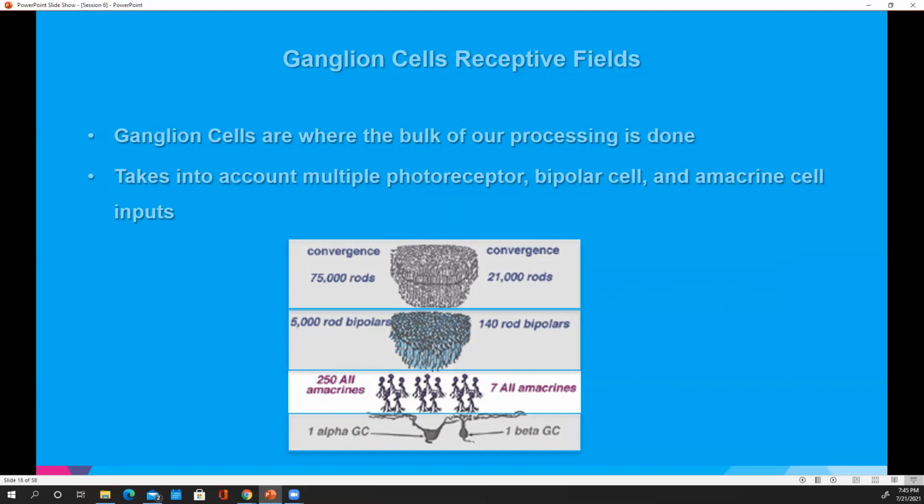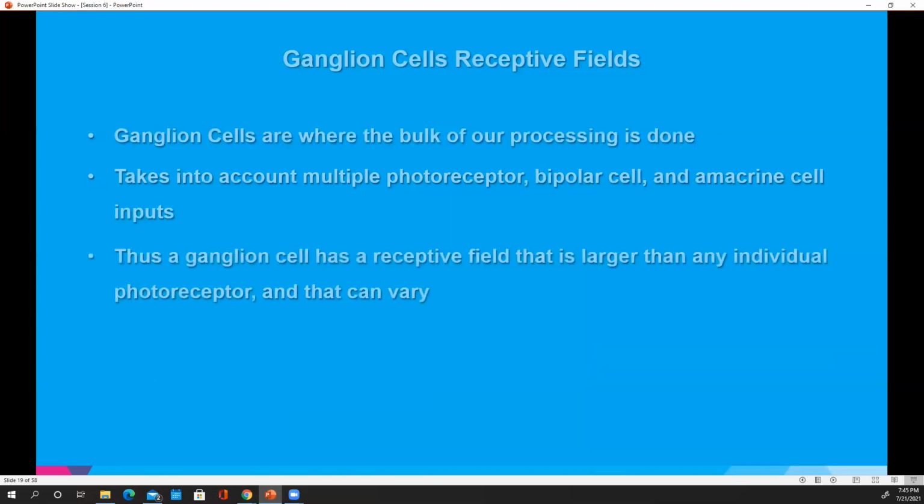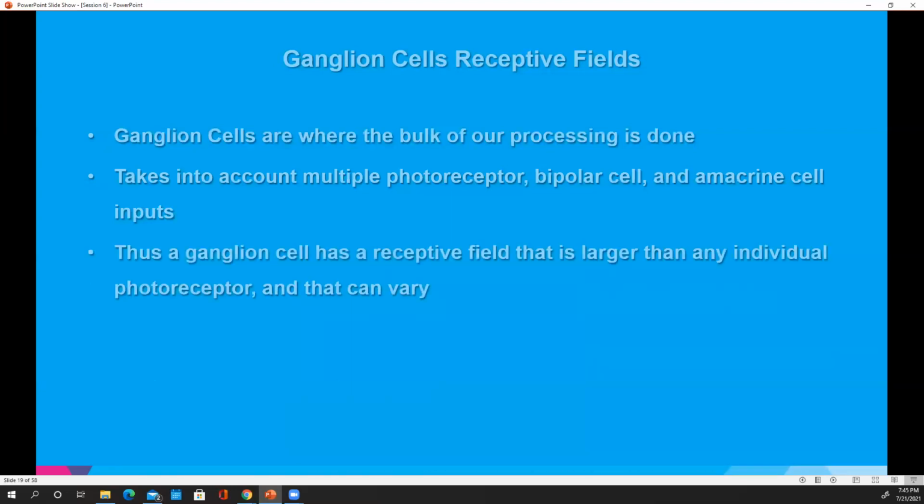So you can have anywhere between 21,000 and 75,000 rods all coming down into one ganglion cell, which shows you just how important those ganglion cells are. So the ganglion cell has a receptive field that is larger than any individual photoreceptor, and each one of these fields can vary depending on what that ganglion cell is supposed to do.